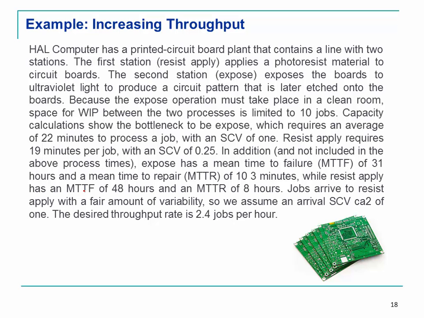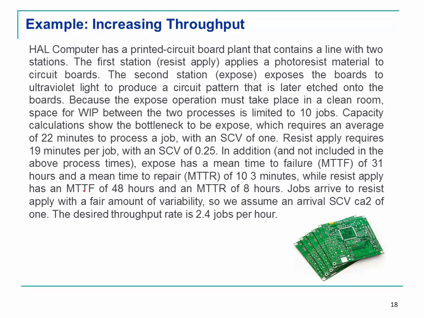The second station is called expose, expose the boards to ultraviolet light to produce a circuit pattern that is later etched on the boards. Because the expose operation must take place in a clean room, the space for WIP between two processes is limited to 10 jobs. Okay, so you're going to have a capacity in terms of your WIP.